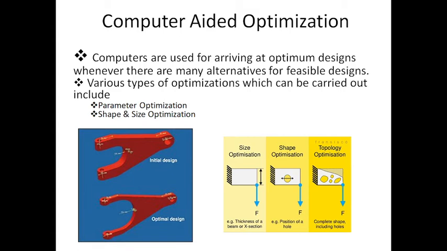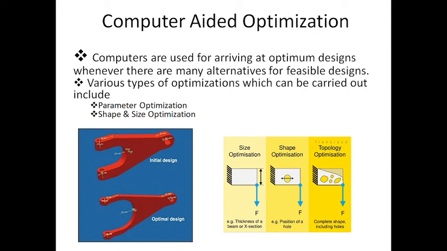Computer aided optimization is also used for arriving at the optimum design of any product. Whenever there are many feasible alternatives, you can always find one which is optimal. With computer aided optimization you can do two kinds of things, either parametric optimization or shape and size optimization.